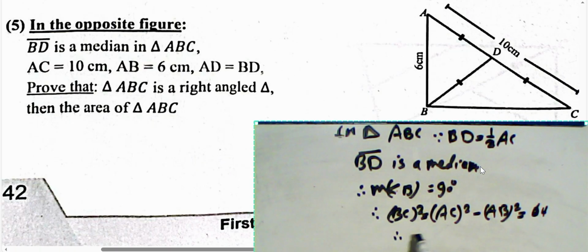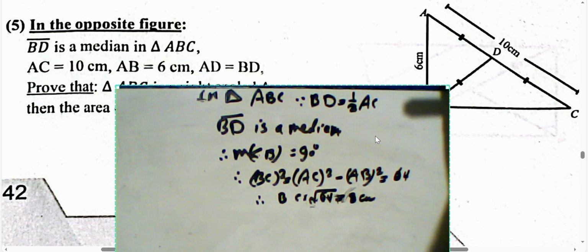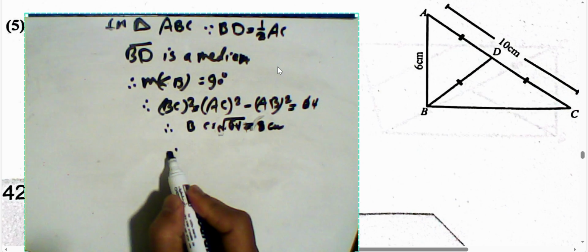Then BC will be the square root of 64, equal to 8 centimeters.